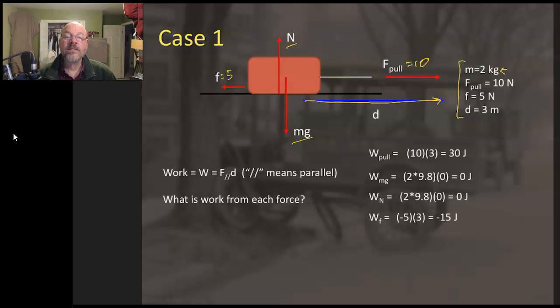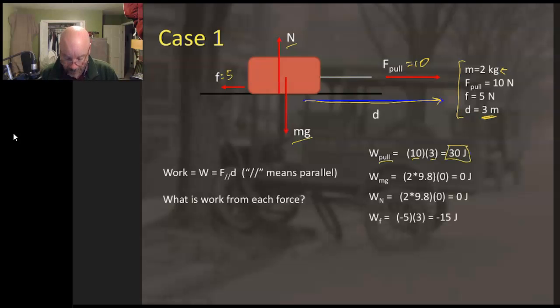What we want to do is calculate the work done by each one of these forces. So I start with my pulling force. It's pulling 10, a distance of 3, that was up here. That gives me 30 joules right there.